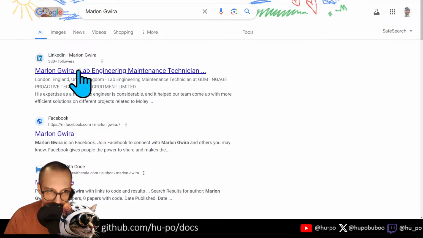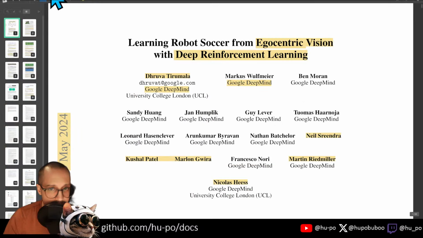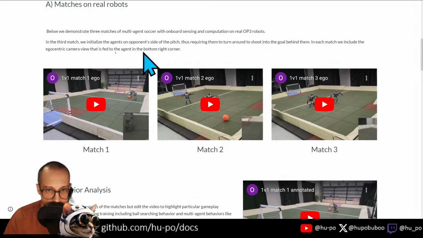So Marlon Guira is a lab engineering maintenance technician. Neil Sreendra is a lab engineering maintenance technician. So these are basically the lab techs who sit around in this environment and probably clean the robots, fix the robots, set up the playing field, adjust all the cameras, and do all the low-level dirty work that you need for any real robotics application.